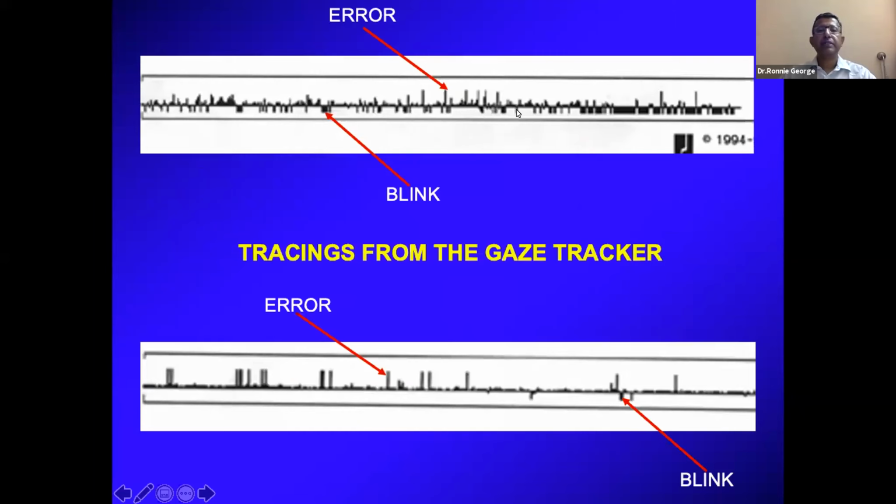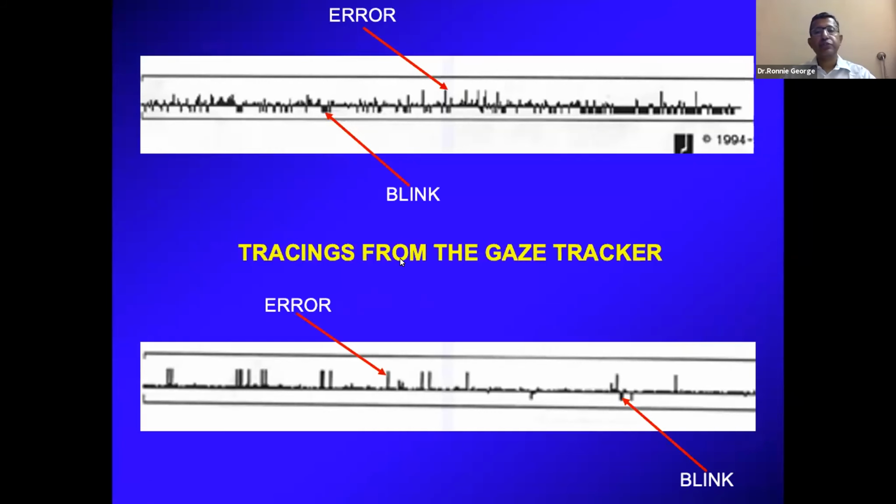Upward spikes basically tell you that the patient has lost fixation, and downward spikes are blinks. So downward spikes are expected. Upward spikes are not necessarily a good thing. A few upward spikes are not unusual, but a lot of upward spikes means the patient has been looking around all the time and not really been paying attention.